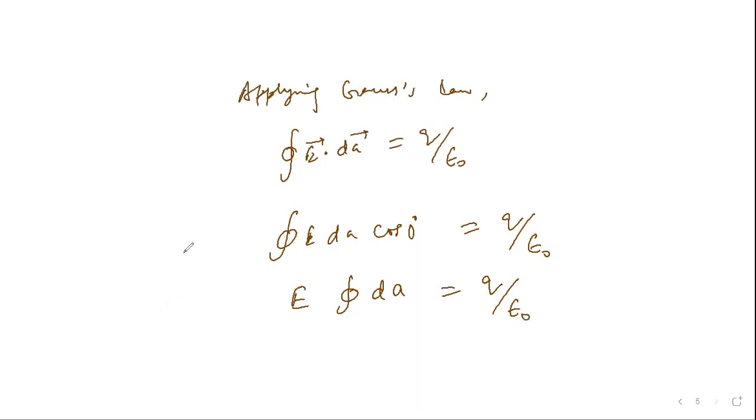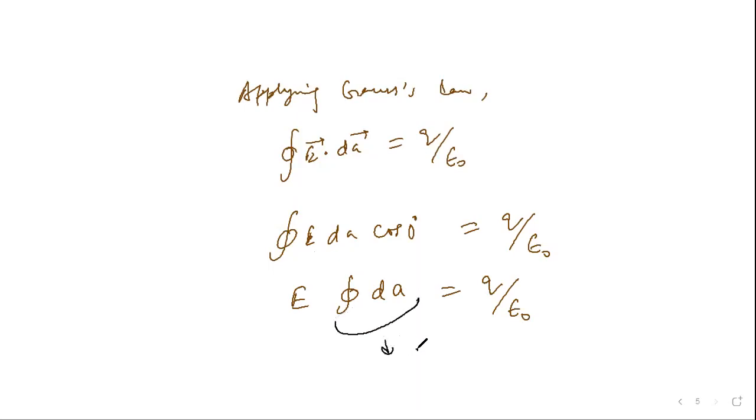The electric field everywhere is constant. Each portion of the Gaussian surface is equidistant from the charge. So electric field is constant. What is this?